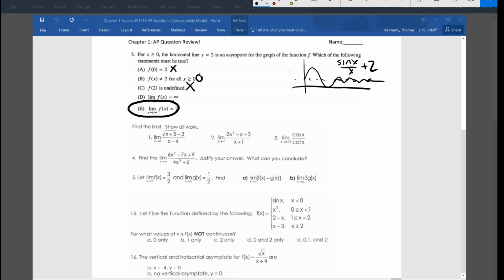Okay, the first question there was in the next section. Number one here is a square root one. So the way we undo square roots is with the conjugate. So we multiply by root x plus 5 plus 3.